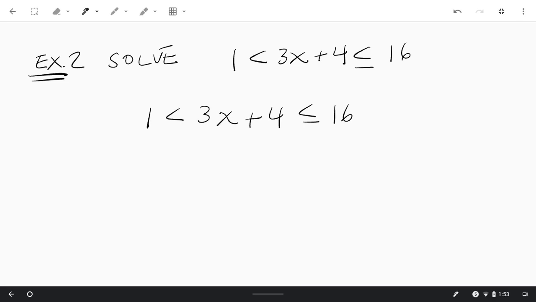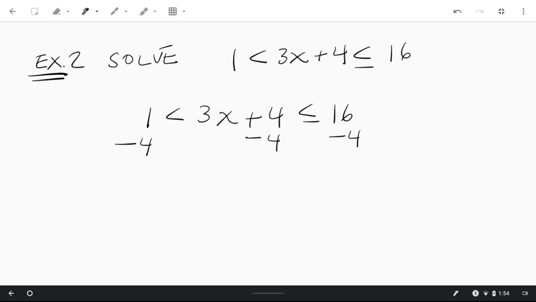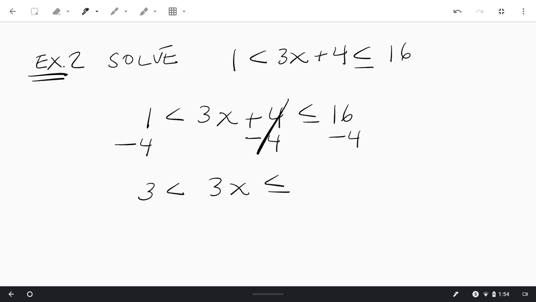So I need to cancel out that plus 4. I am going to subtract 4 on all three sides, in 3 places. They cancel out, and I'm left with 3 less than 3x less than or equal to 12.